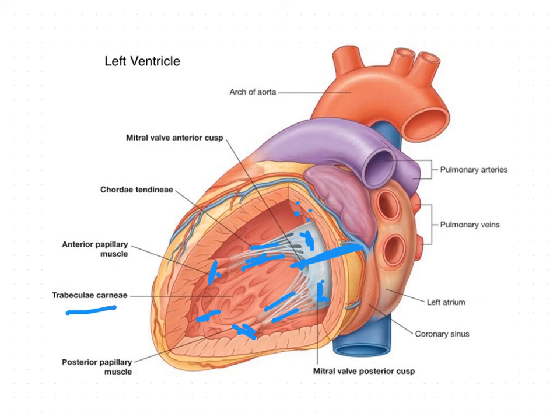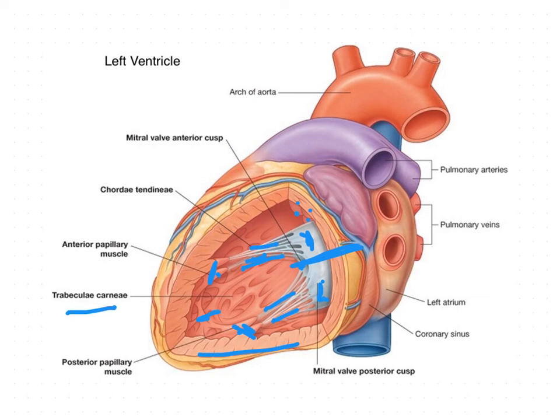These are the structures which attach the mitral valve to the papillary muscles. The cavity of the left ventricle is circular in cross section, whereas in the right ventricle it is crescent shaped, and the walls of the left ventricle are three times thicker than those of the right ventricle.